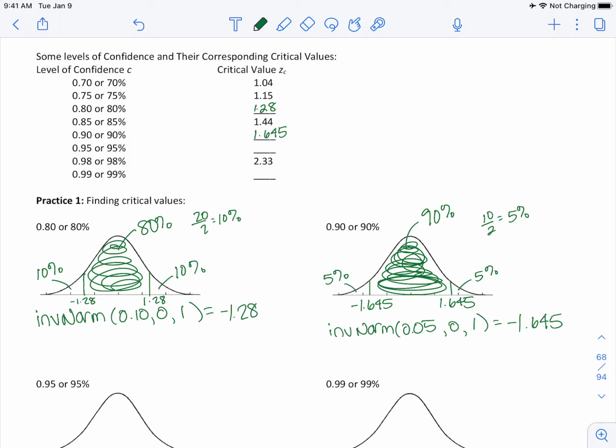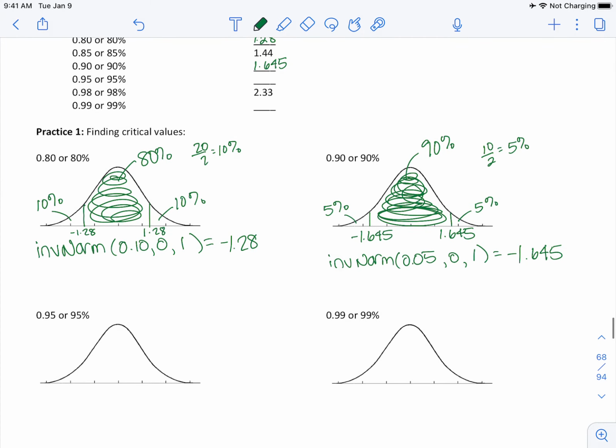I would like you to find the z value for 95% now. Okay, so for 95%, we have 5% left over.